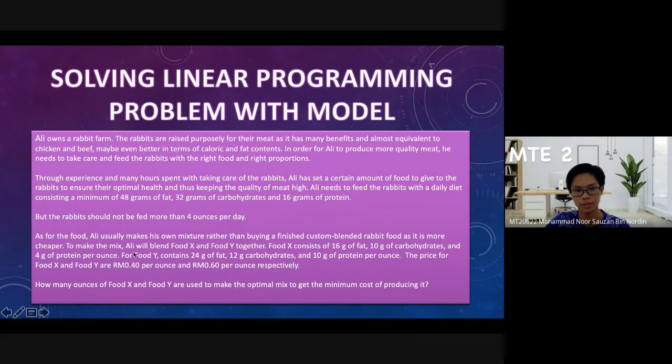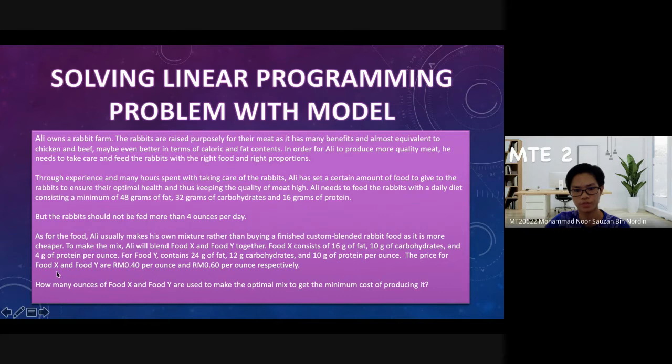To make the mix, Ali will blend food X and food Y together. Food X consists of 16 grams of fat, 10 grams of carbohydrates, and 4 grams of protein per ounce. Food Y contains 24 grams of fat, 12 grams of carbohydrates, and 10 grams of protein per ounce.